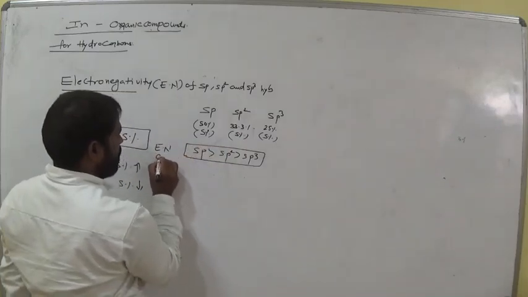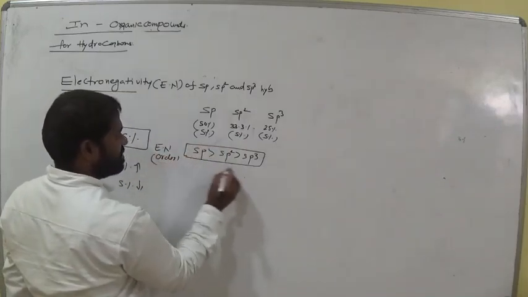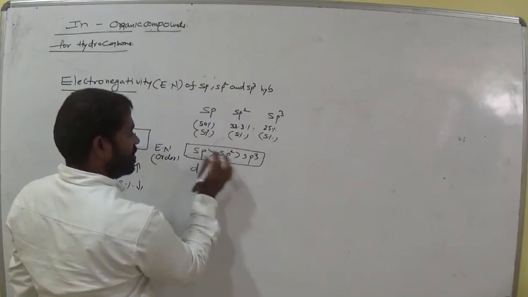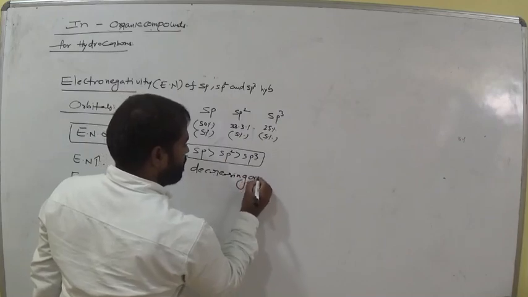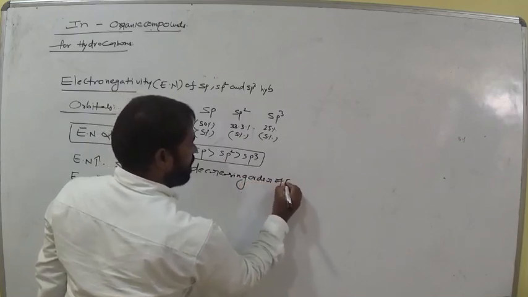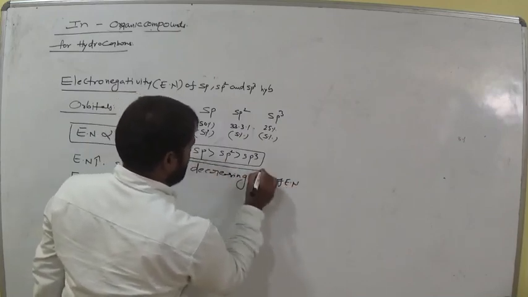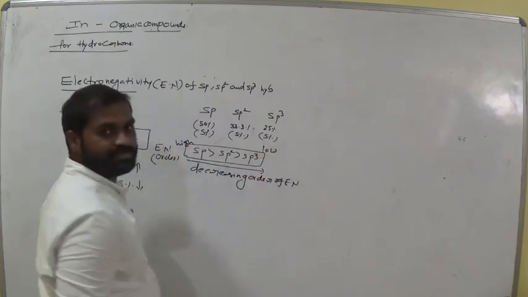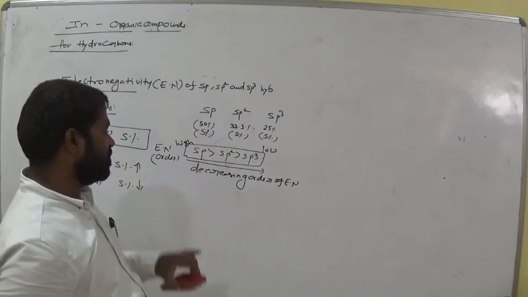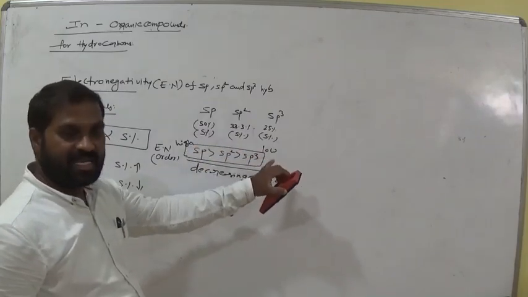Decreasing order of electronegativity, high to low, is like this. This is high, this is low. Why? Because s character is more. This means more electronegative, this means less electronegative.